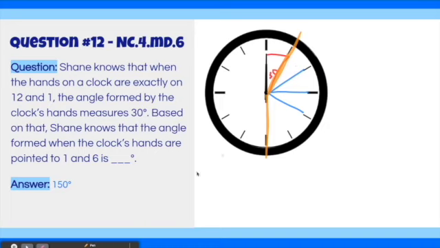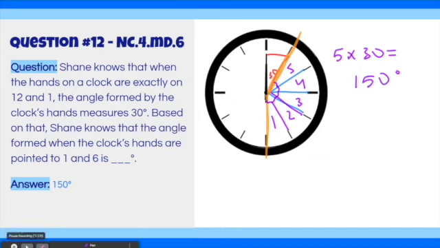So between 1 and 6, there are 1, 2, 3, 4, 5 of these identical sections, and each one is 30 degrees. So to find the angle, you're just going to multiply 5 times 30, and when you do that, you will get 150 degrees. Okay, moving on to the next question.